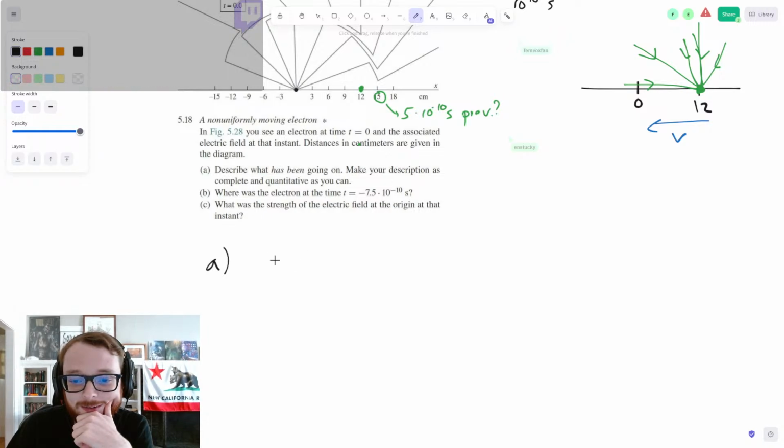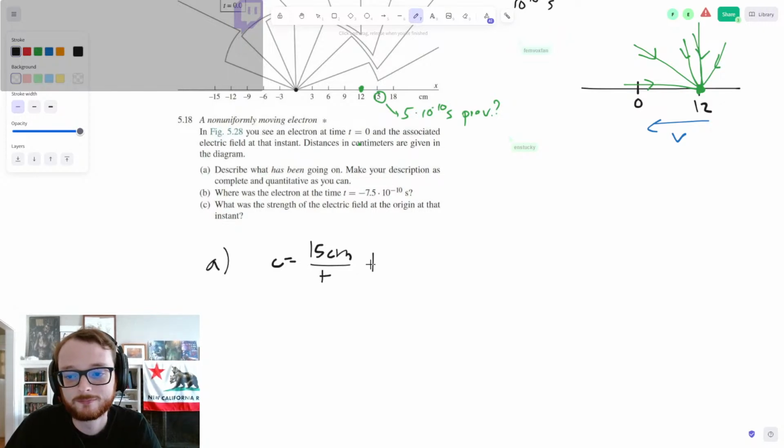So why 6 centimeters? 6 centimeters because 2 seconds, 2 units time.